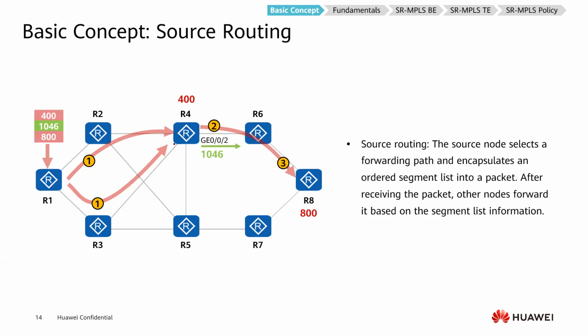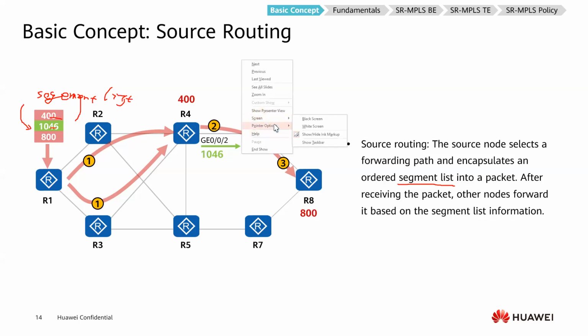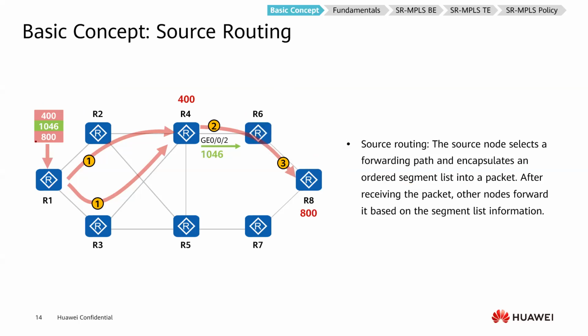Those segment IDs will be added at the beginning, at the source node. We call this a segment list. So you can say 800, 1046, 400. This packet is sent from here to here.